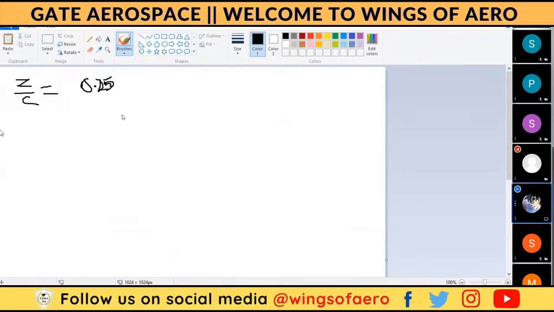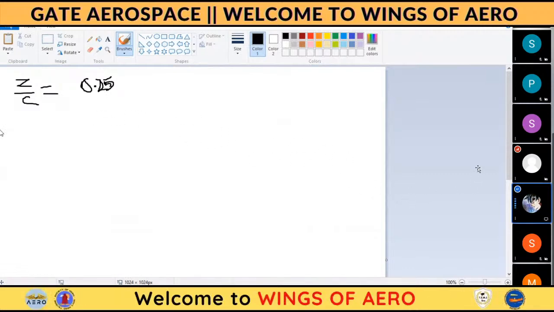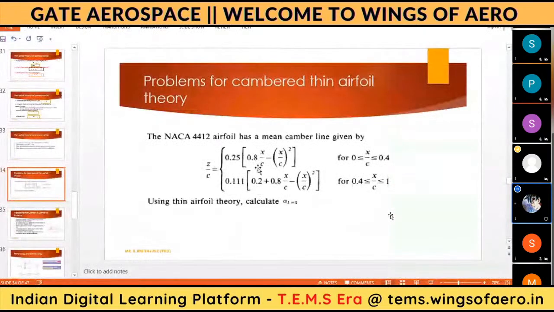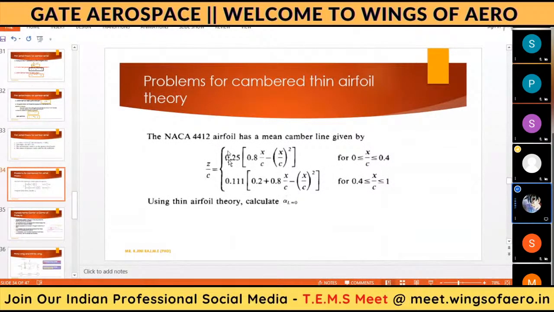So guys, you can also solve this problem. I will tell how. First of all, we have the z by c equation only now. There are two equations. We need to convert that z by c equation to dz by dx.